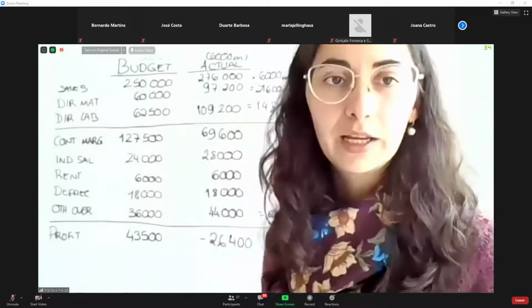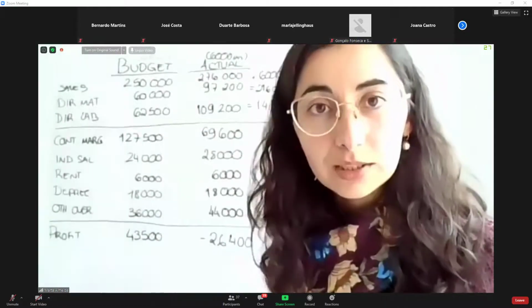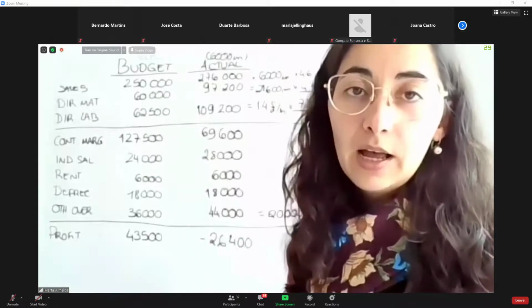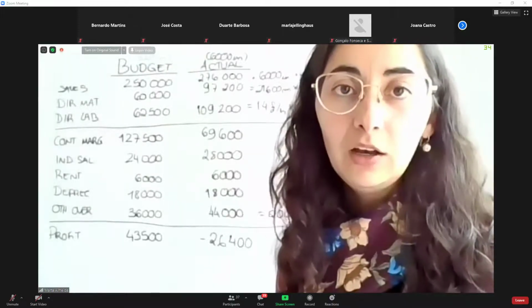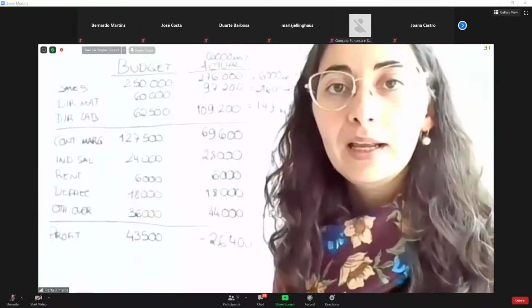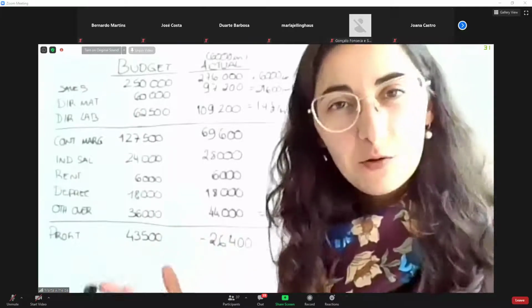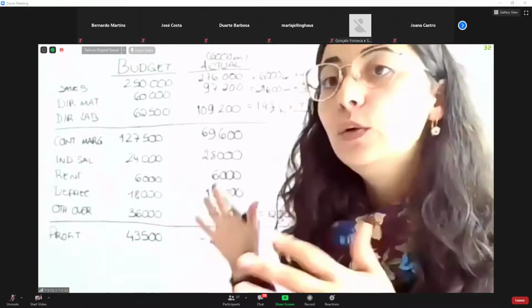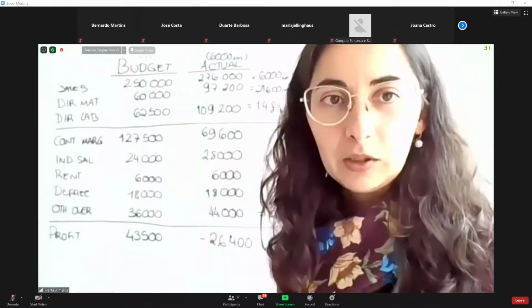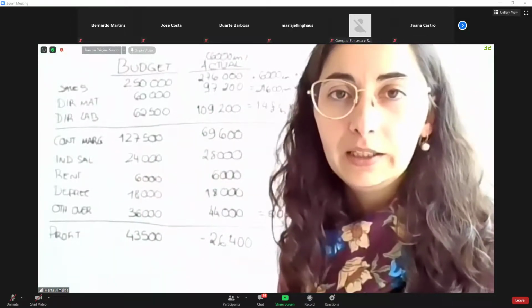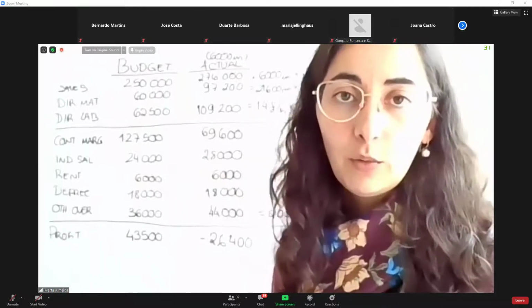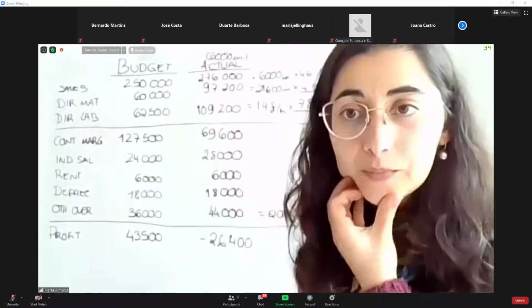So when we talk about the controllability principle, when companies set the way that they evaluate the performance of managers, it is very important that we do it in a way that will not be unfair, and will not lead to these kinds of problems. This is very important when companies are setting the rewarding mechanisms, the reward systems or the bonus, and evaluating performance.